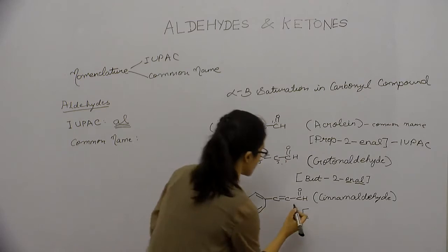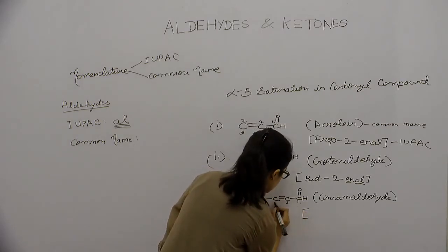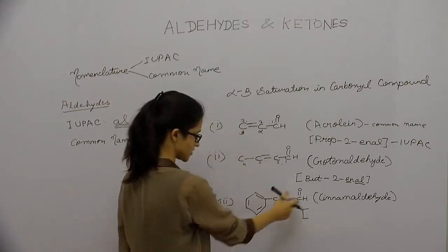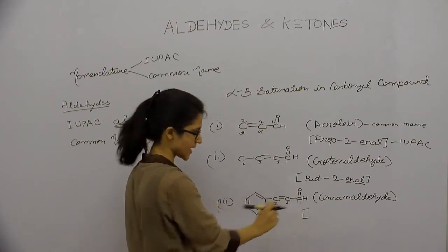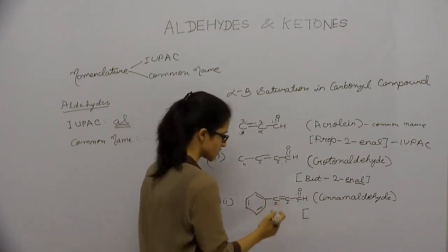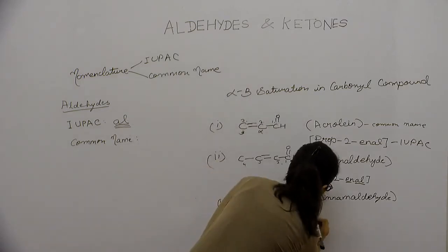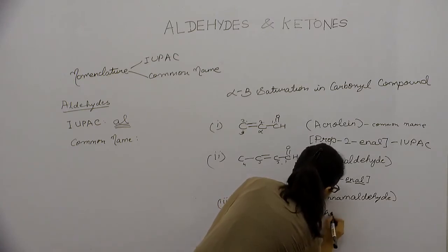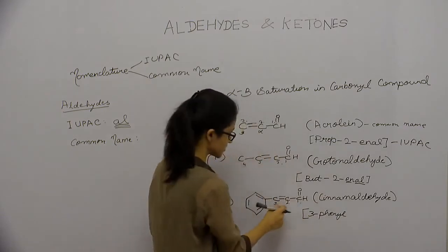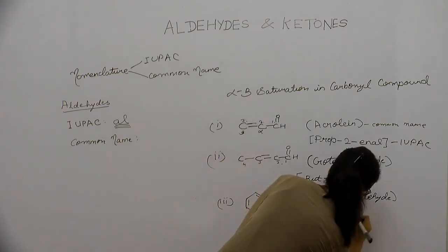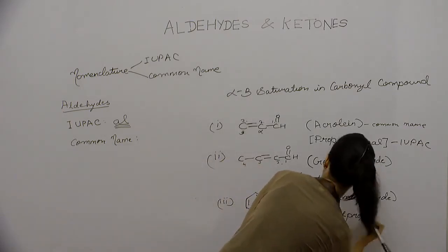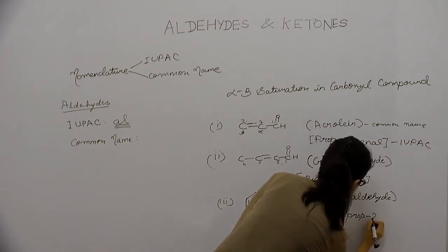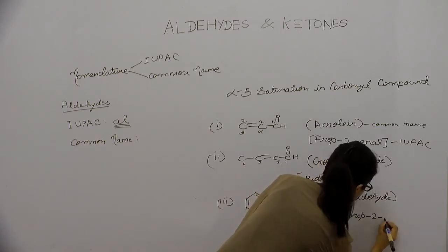that would be 1, 2, 3. So the phenyl, this would be the main chain because this has the aldehyde group, and this would be the side chain. So 3-phenyl. Alright, and this is a 3 carbon chain, prop-2-enal.